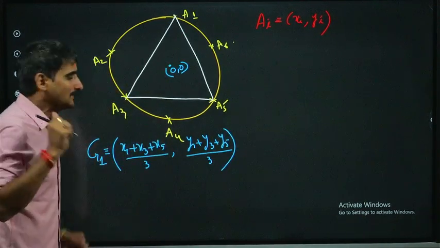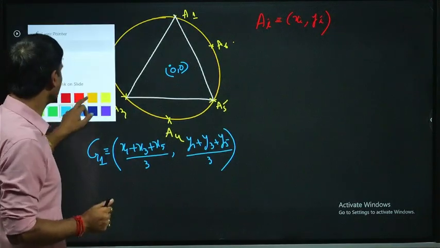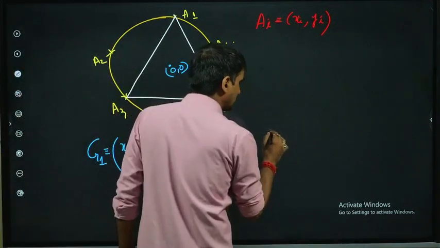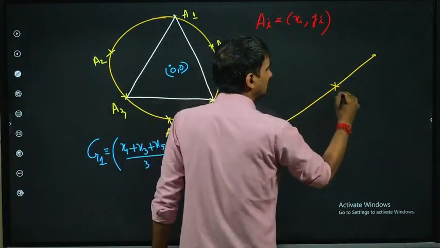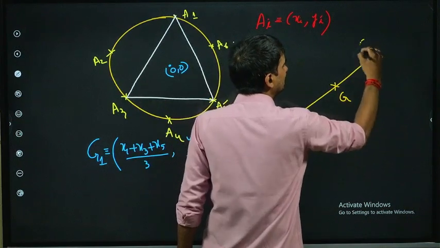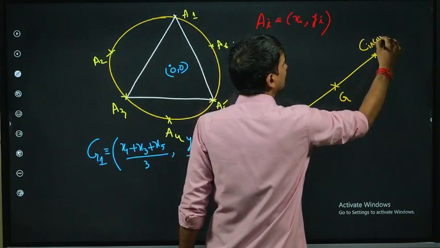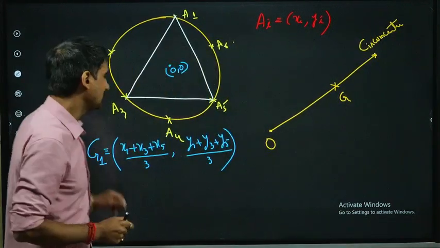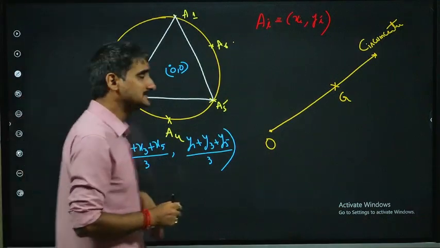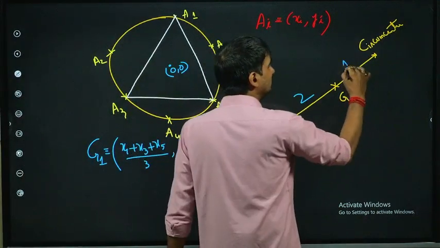Now see, that's what I said. We'll be using so many things here. First, the orthocenter, centroid and circumcenter of the triangle are always collinear, and the centroid divides the line joining O and H in the ratio 2:1.